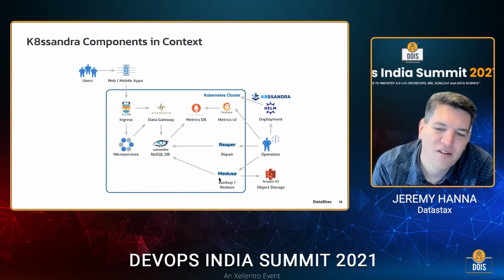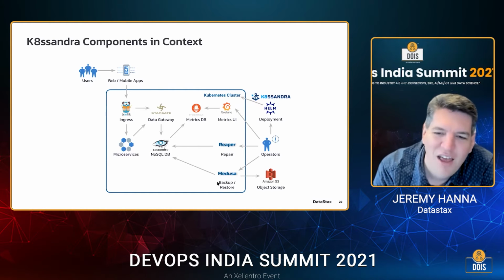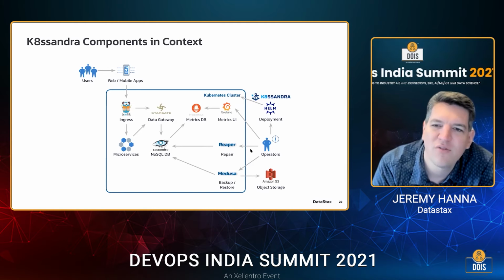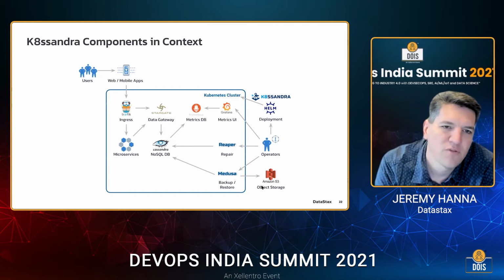You want to make sure that periodically you take a backup in case some bugs happen, so you don't lose your business. And so these are the tools that are available to your operators, your DevOps team that is managing all of this. And this is your Kubernetes cluster, and they manage it through Helm. And then obviously the backup and restore has to go someplace, and so this is whatever object storage you have as part of your environment.